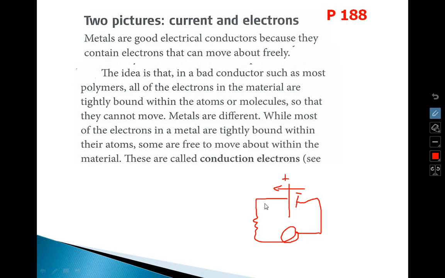Electrons in the circuit are actually moving in the opposite direction, because electrons have negative charge.